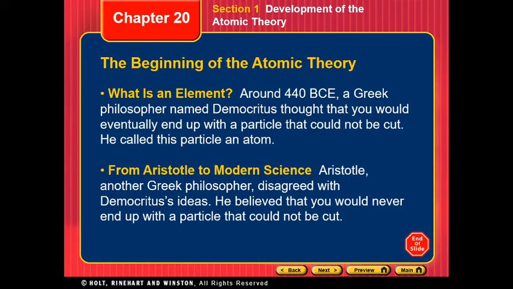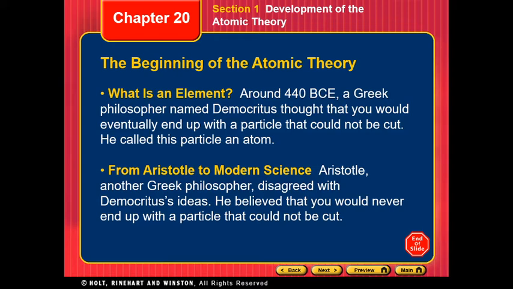And then there was another Greek philosopher named Aristotle. He disagreed with Democritus' ideas. He believed that you would never end up with a particle that could not be cut.